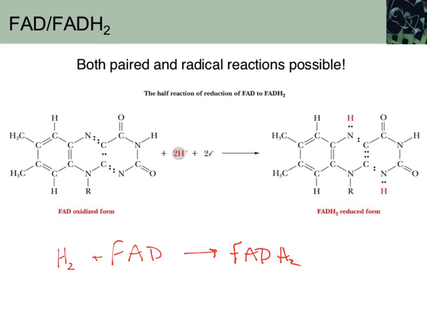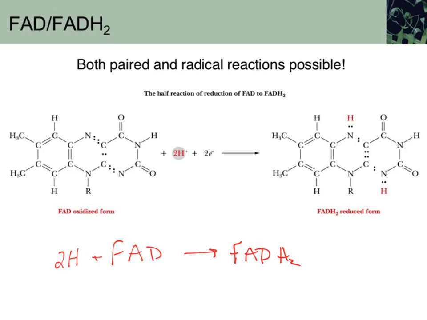Hydrogen gas, if you remember back in OChem, does not react well with double bonds. It reacts so poorly that to get a reduction reaction with hydrogen gas, what do we need? A metal catalyst, something like platinum or palladium. Okay? So H2 is not a good thing to introduce.